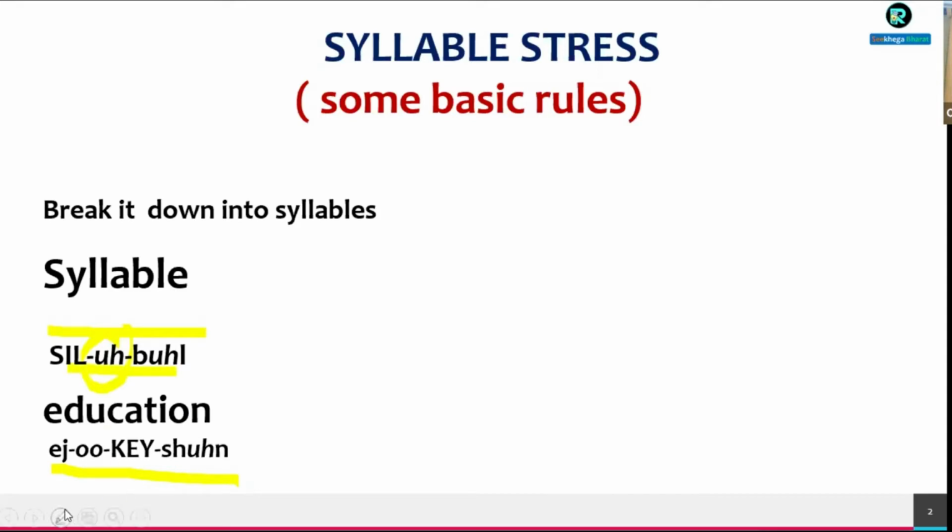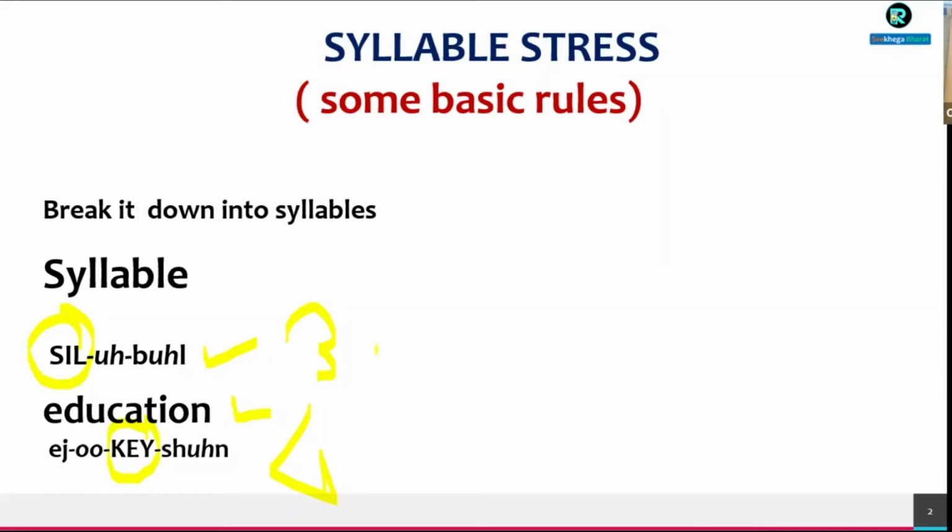Now, you can see that in both of these two words, here it is three syllables, and here it is four syllables. Now, one syllable is highlighted. Can you see? So most of the time, when there are two syllables only, it's okay.